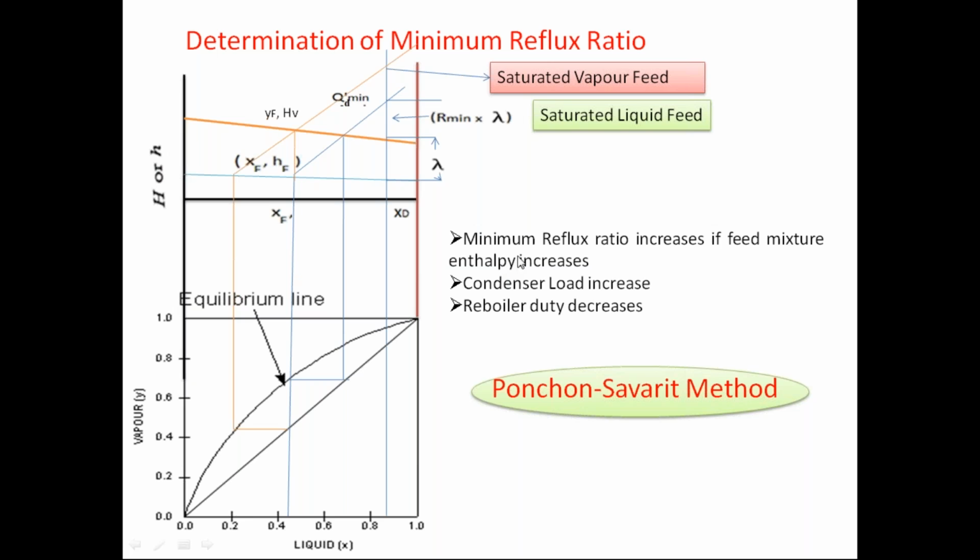If the feed mixture enthalpy increases, then the condenser load also increases. So if the situation changes from saturated liquid feed to saturated vapor feed, what you can observe in the continuous distillation column is that the condenser load also increases. As reflux ratio increases, the condenser load also increases.